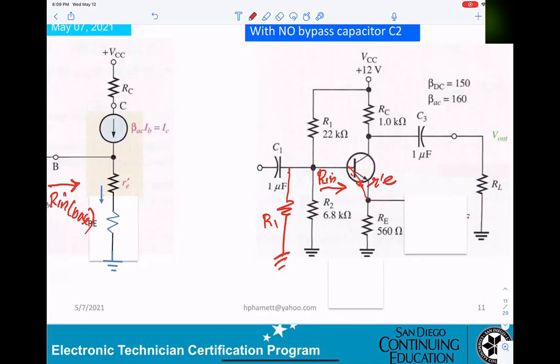So you got R1 in parallel with R2. No, this is not count. If you're looking from here, you're not looking from here. That is R in total, that means everything. Right now, I'm talking about R in base. That means you're looking into the base from here.